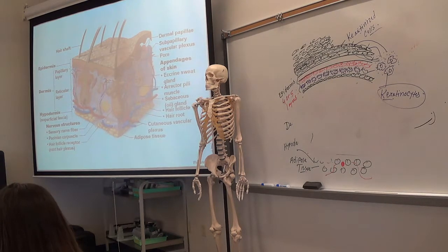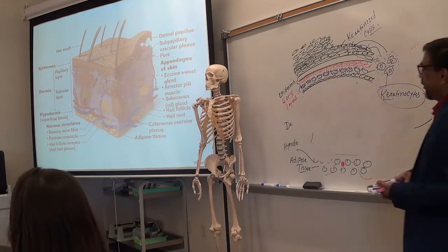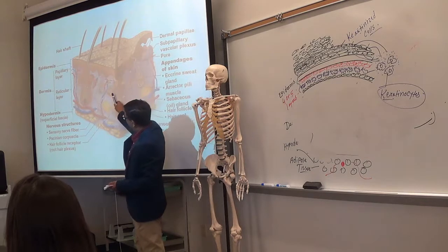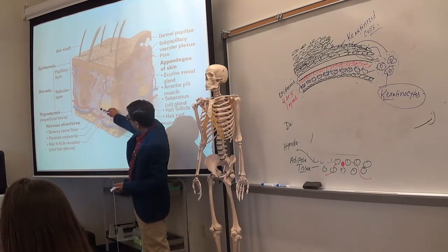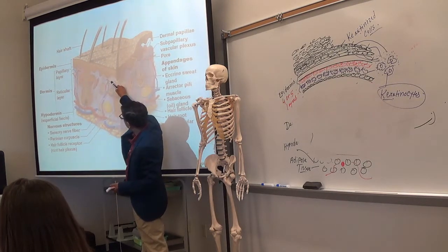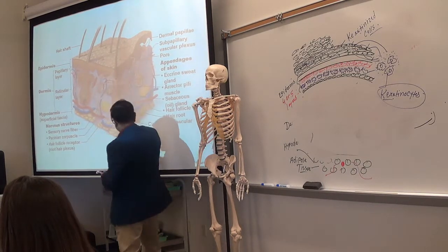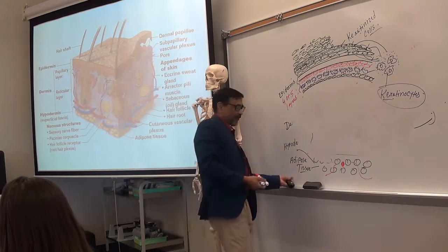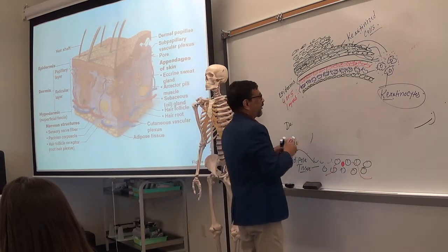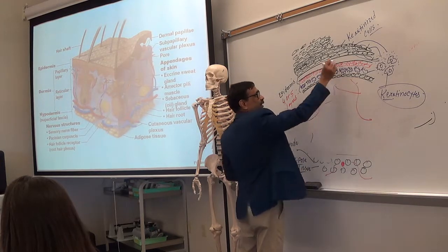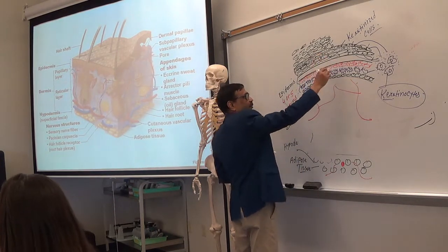One more thing you need to know. Dermis of the skin is vascular. That means you have blood vessels. Epidermis doesn't have any blood vessels. So this is something you need to know, that dermis has blood vessels here, but epidermis doesn't have any blood vessel.